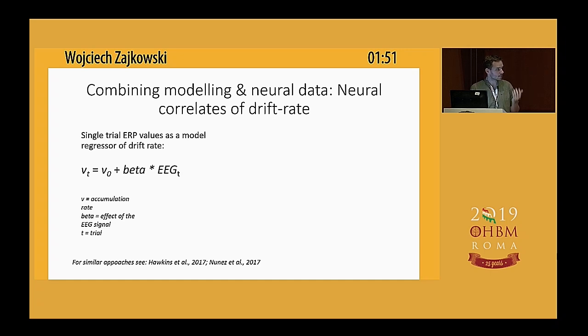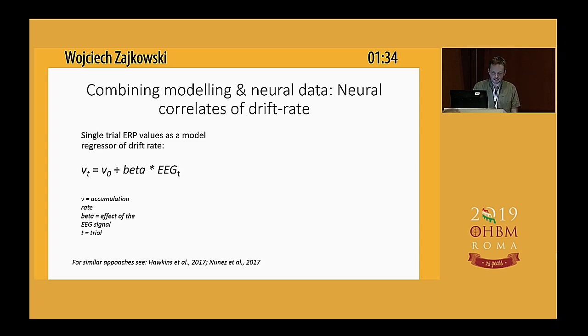So you can see this is basically a regression equation. And by estimating the value of the beta, we can make inferences whether this parameter actually influences our neural signal and whether it's related. So that was our approach.